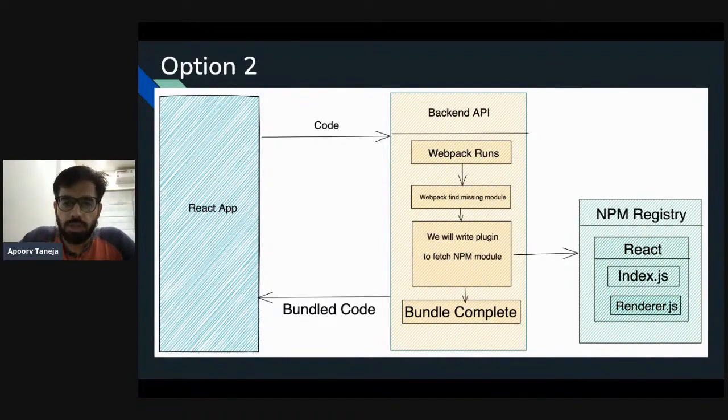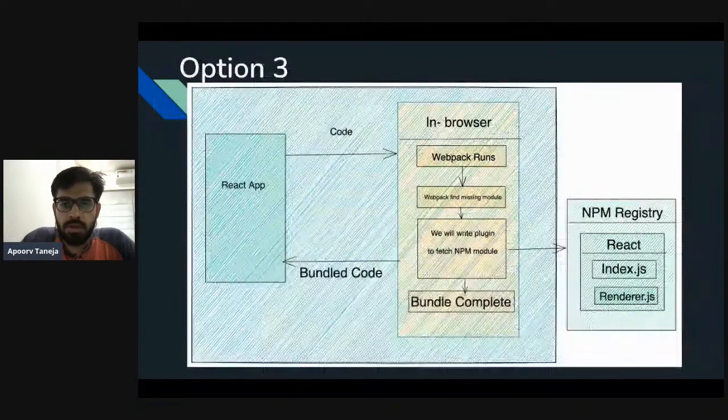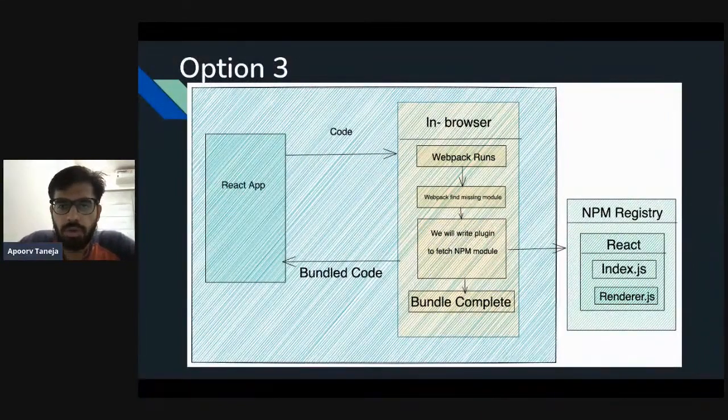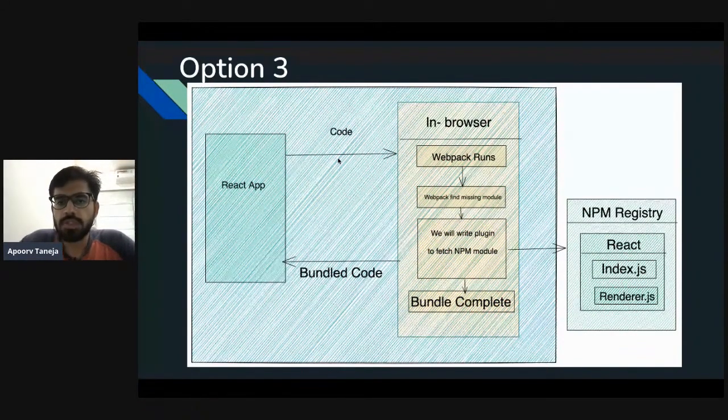Now we are coming to the third approach. In this approach, we are not using any backend API. What we are telling our code editor is to use in-browser compilation to bundle the code. So there's no API request, there's no server involved with this type of approach.